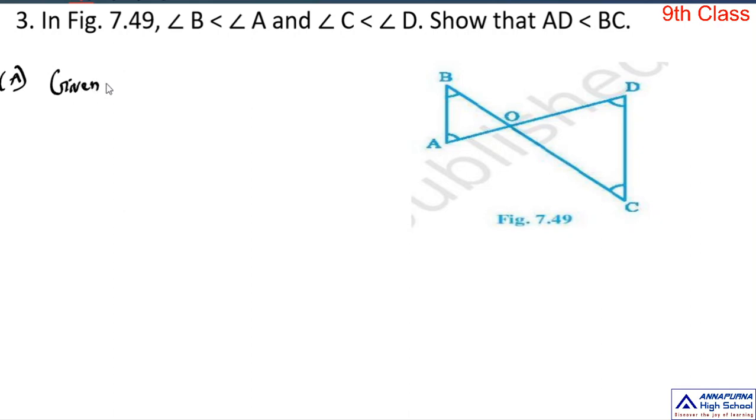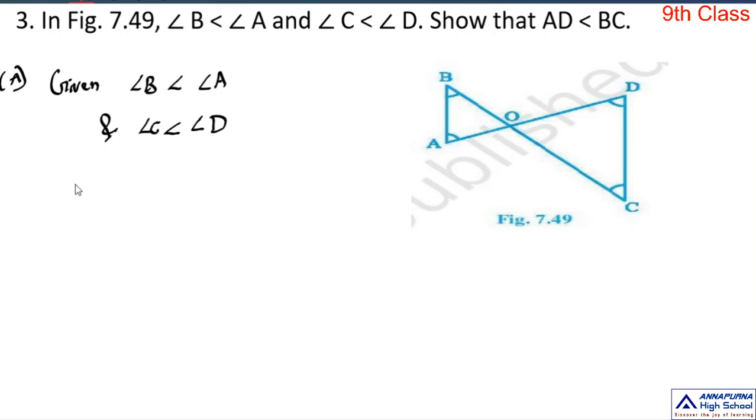Given: angle B is less than angle A. This is the given condition. And angle C is less than angle D. This is the second given condition.